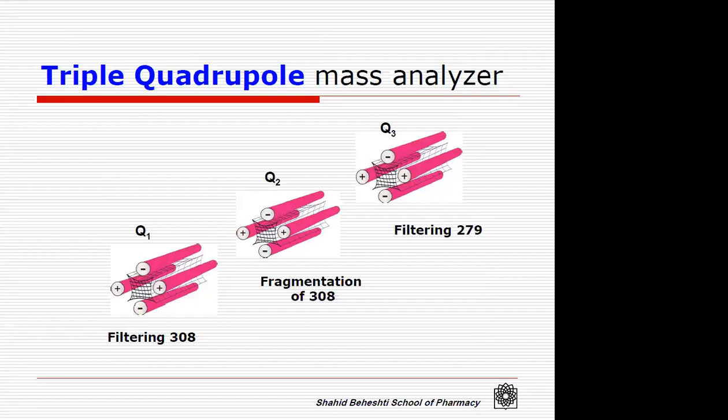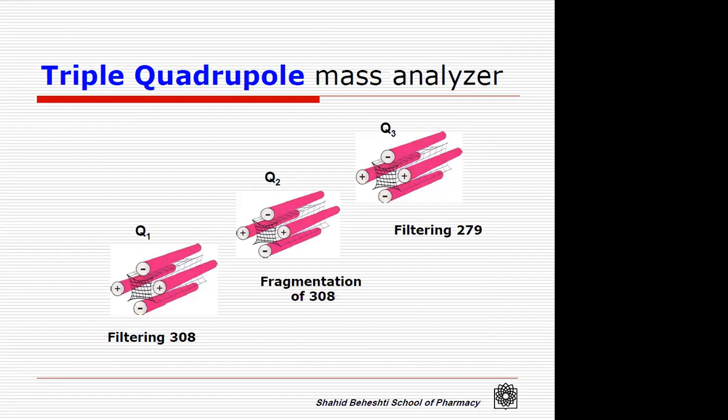We could adjust the first quadrupole, the Q1, so that it just lets the molecule which has the molecular weight of 308 pass through this quadrupole. All the other masses which are different from 308 are filtered out and eliminated from the mixture just by Q1, the first quadrupole.